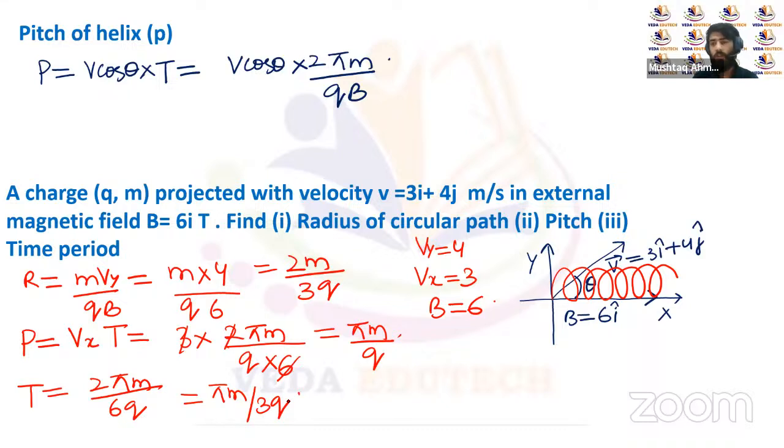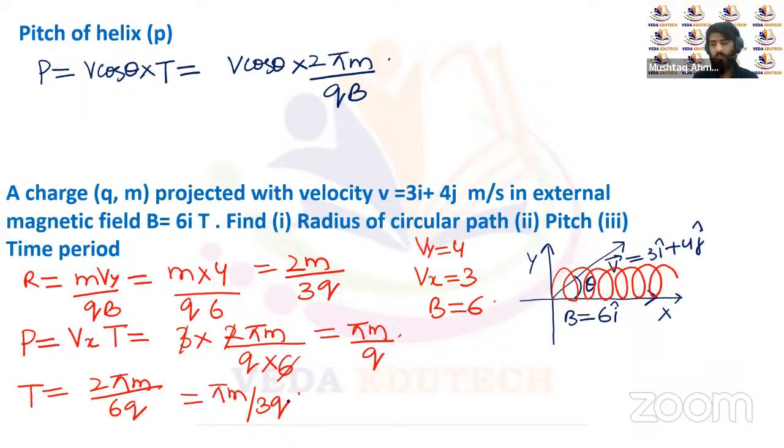And then we define different physical quantities. We define the pitch of the helix, and we define the radius of that helical path. The radius of that helical path is not going to change; it will remain the same. And velocity is also not going to change, it will remain the same because magnetic force does no work, so energy is not going to change.